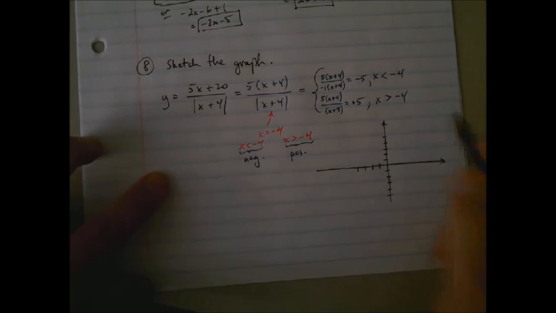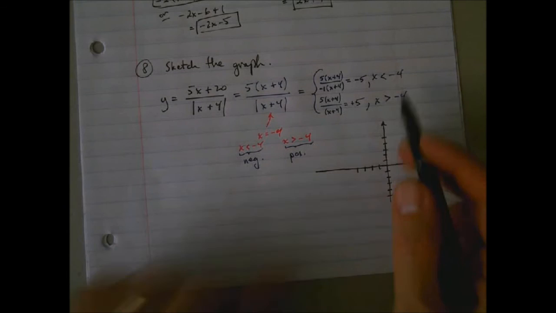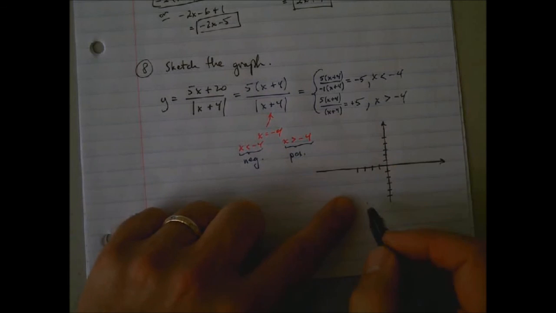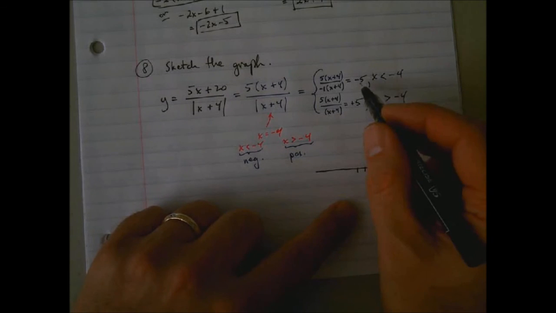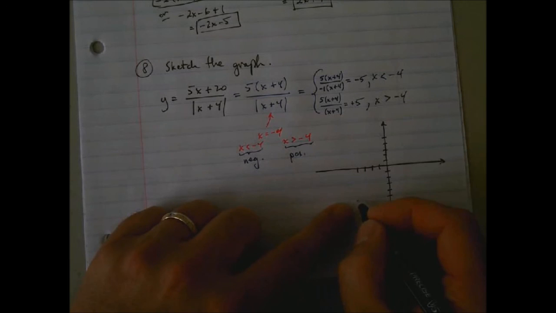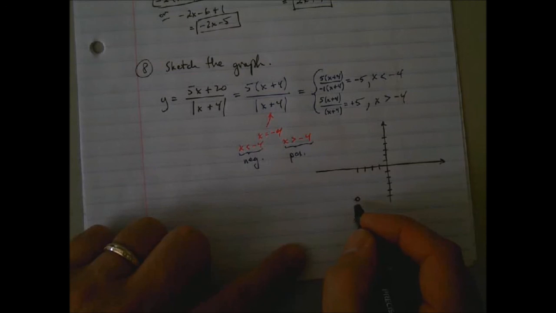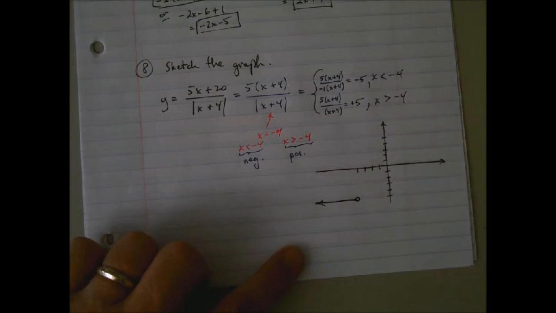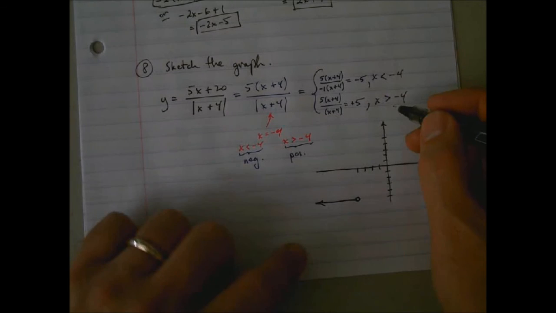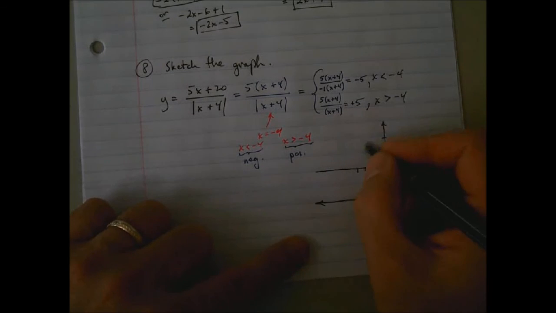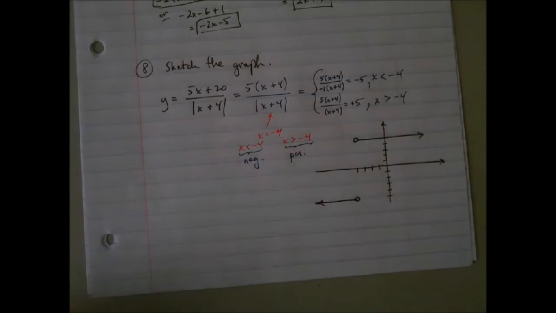Okay, so if I'm to the left of negative 4, I've got y equals negative 5. So here's negative 4, and y equals negative 5 goes to the left. If I'm to the right of negative 4, I'm at positive 5. And there's our sketch of the graph.